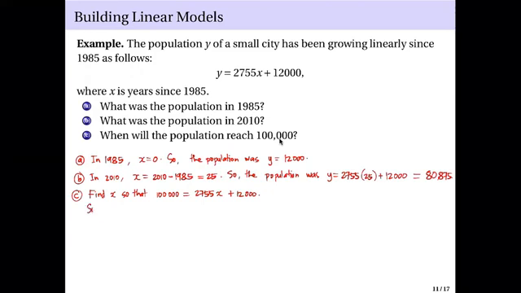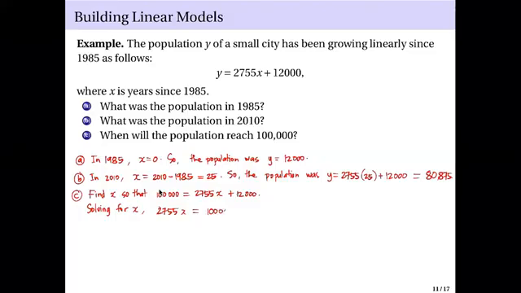Solving for x, we have 2755x equals, we move this 12,000 to this side of the equation, and then we interchange the quantities.